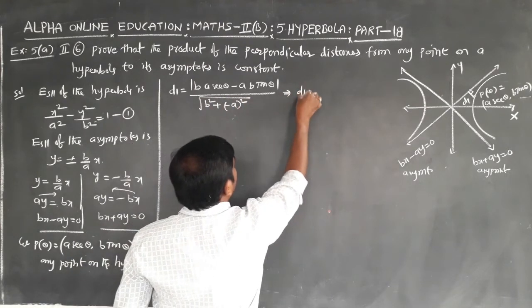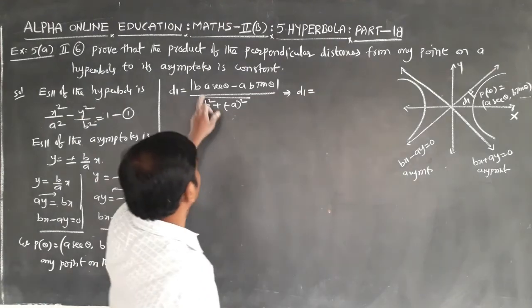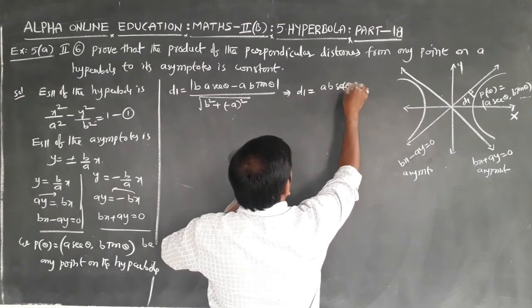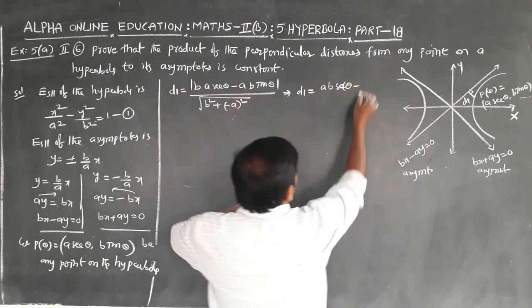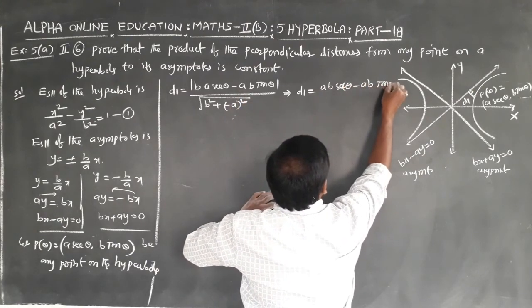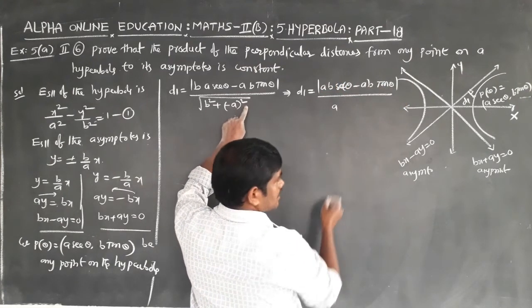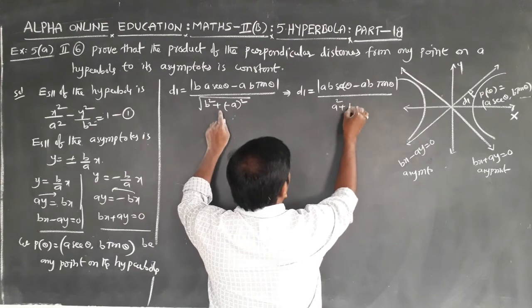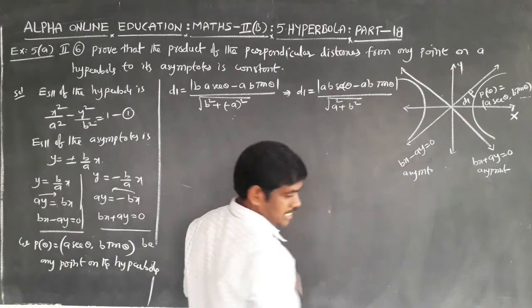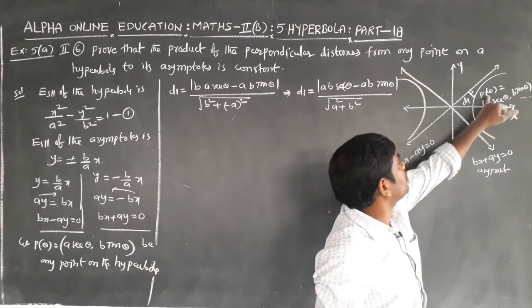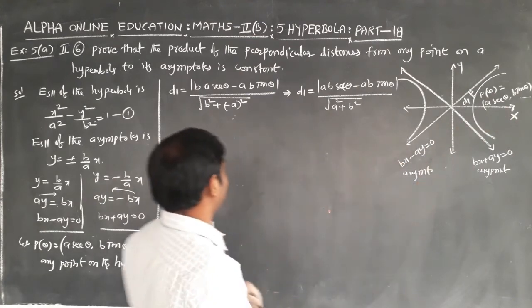So d1 is equal to b into a sec theta, that is ab secant theta, minus ab tan theta, whole divided by the square root of a square plus b square. This is the perpendicular distance from P to the first asymptote.